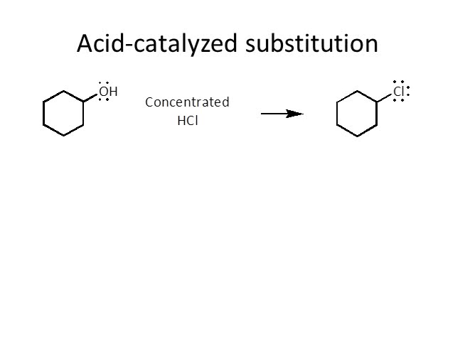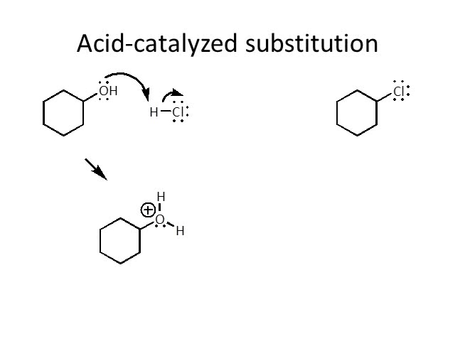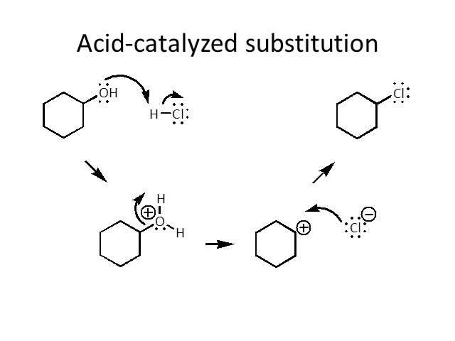On the other hand, if I use a different acid, if I use concentrated HCl, it turns out I get a different product. I get a substitution product. Well, let's see how this happens. We know that HCl is a strong acid, and so just like with sulfuric acid, we can protonate that alcohol and turn it into a good leaving group. If it leaves, making a carbocation intermediate, well, it turns out chloride doesn't want to do E1 mechanisms.